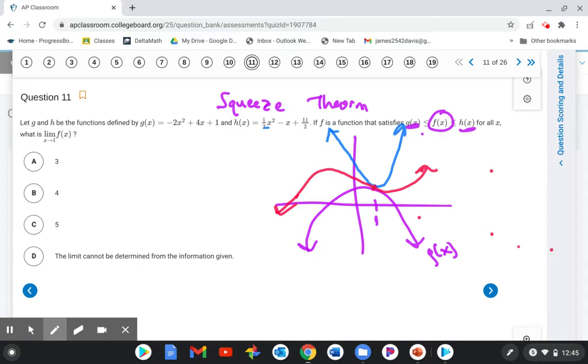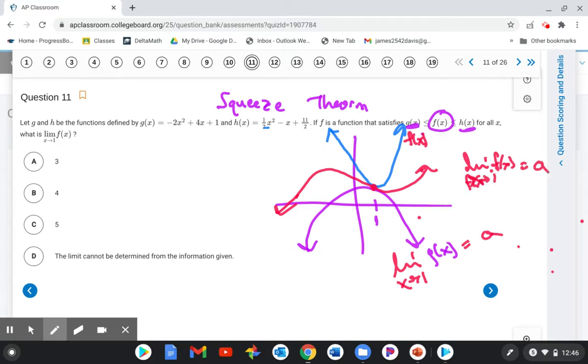And at this point 1, if f is greater than or equal to one and less than or equal to the other, then the limits of these two functions as they approach 1, if they're the same, so if the limit of g of x as x goes to 1 equals some value, we'll call that a, and the limit of f of x as x goes to 1 is that same value a.